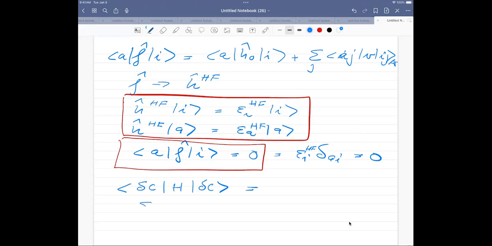And if we write it out, it's going to be a sum over ai, a sum over bj, with δC_i^a and then δC_j^b.